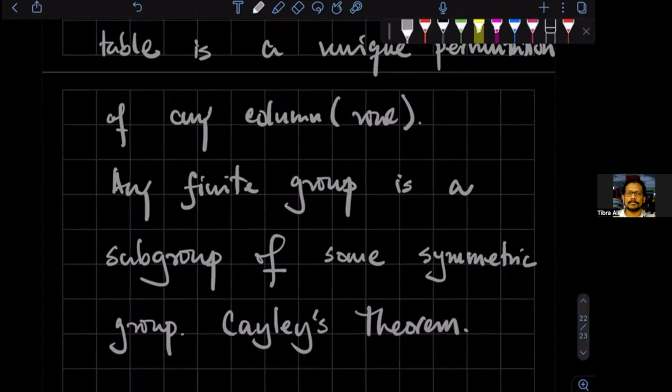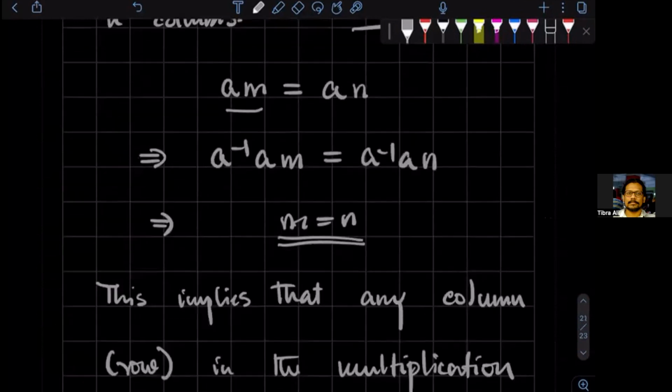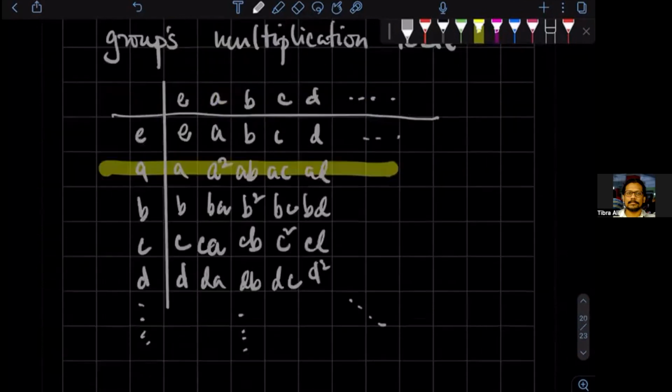Okay. So this is a very, very powerful observation, because every row or column is a unique permutation. That means the action, the multiplication of elements, is what gives you the different rows or columns.